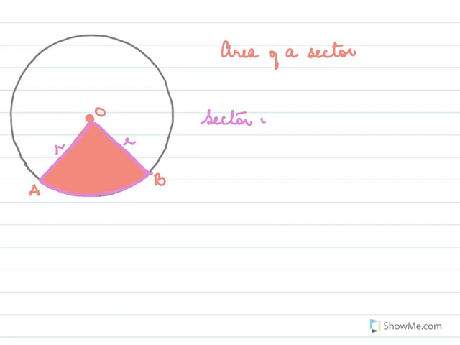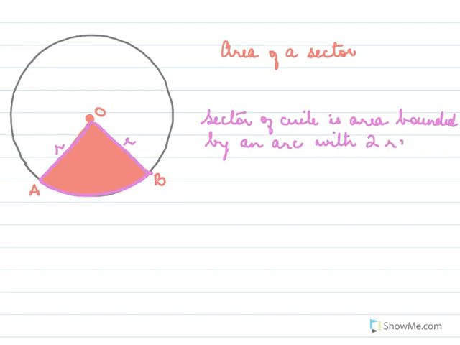So the sector of a circle is the area bounded by an arc with 2 radii. And to find the area of the sector, the formula is given as theta over 360 pi r square.